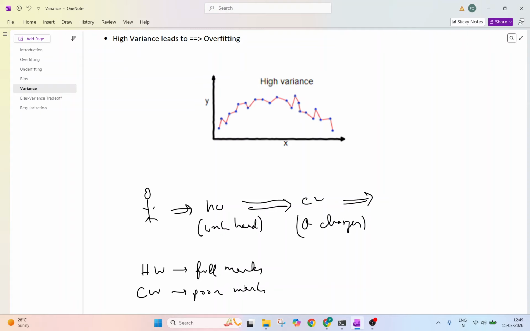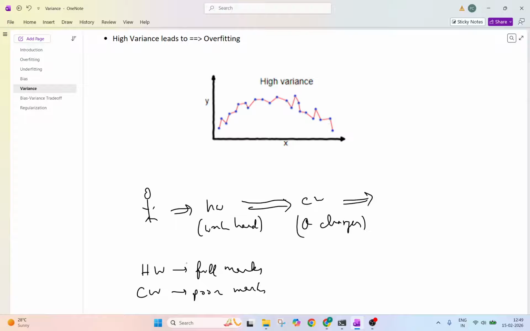Questions were of the same concept, but the questions were designed differently. Since the student worked really hard with the homework, not understanding the concept but just to answer those homework questions, he performed well in the homework. But in the classwork, he got very poor marks. This happened because the student learned all the details and not the main idea. And this is what we call variance.